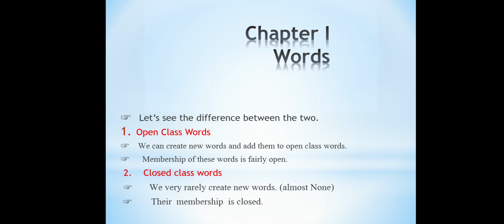If we compare one member from each group, you will understand the difference in a better way. Now, nouns belong to the open class words and pronouns belong to the closed class words.